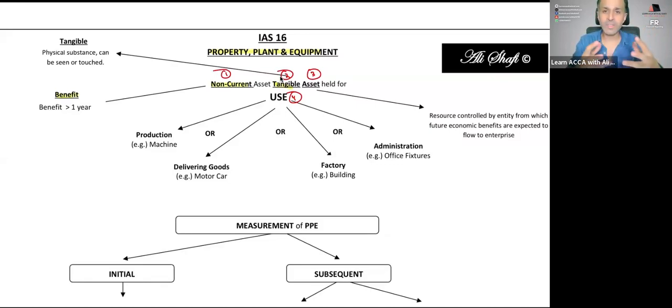Anything that cannot be touched, anything that cannot be seen is rather called intangible, lacking physical substance, but this will have a physical substance. Anything that can be seen, touched, or felt is called tangible.